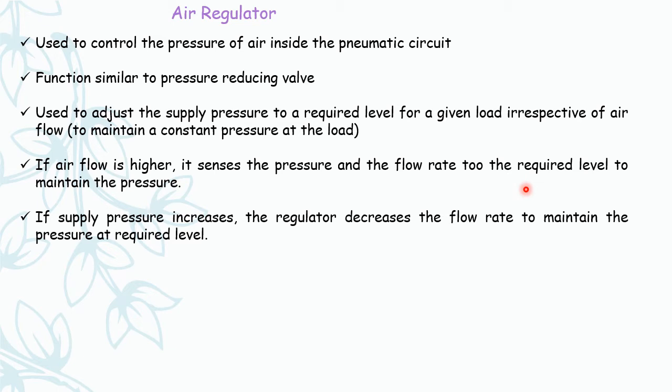So the required pressure level will be maintained with the help of a regulator. As you have a regulator in your homes to control your fans, similarly you will have regulators in fluid power systems in order to maintain the pressure.